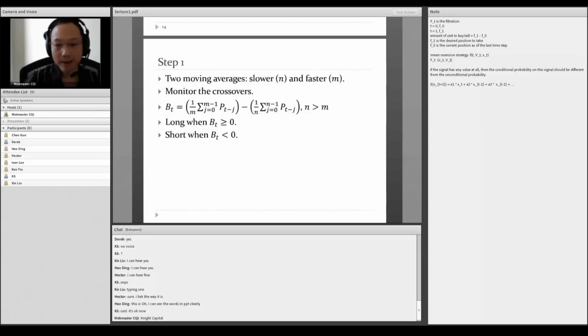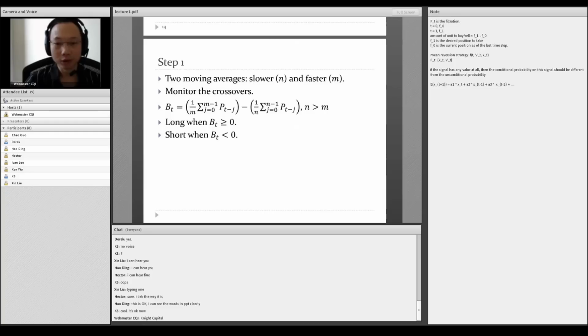So let's try this simple example and see how we translate an English idea into mathematics, into symbols. In a moving average crossover, we have two moving averages, a slower and a faster one. Look at this expression: BT equals the difference of two moving averages.